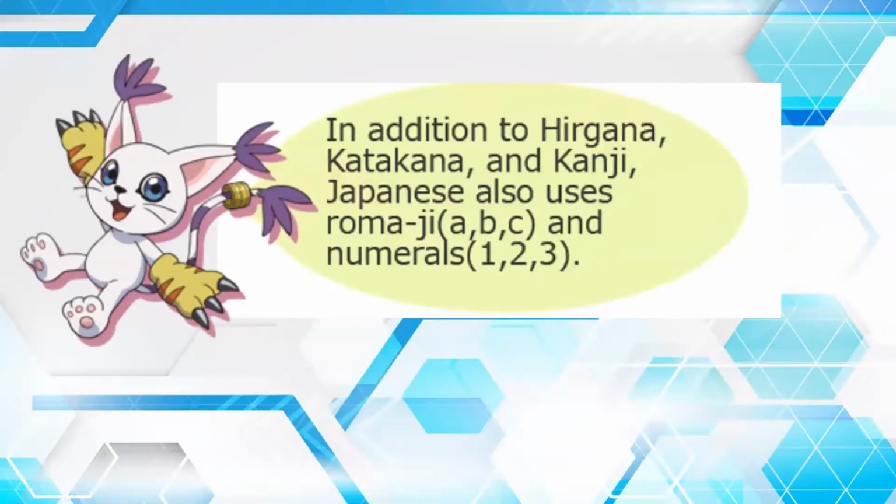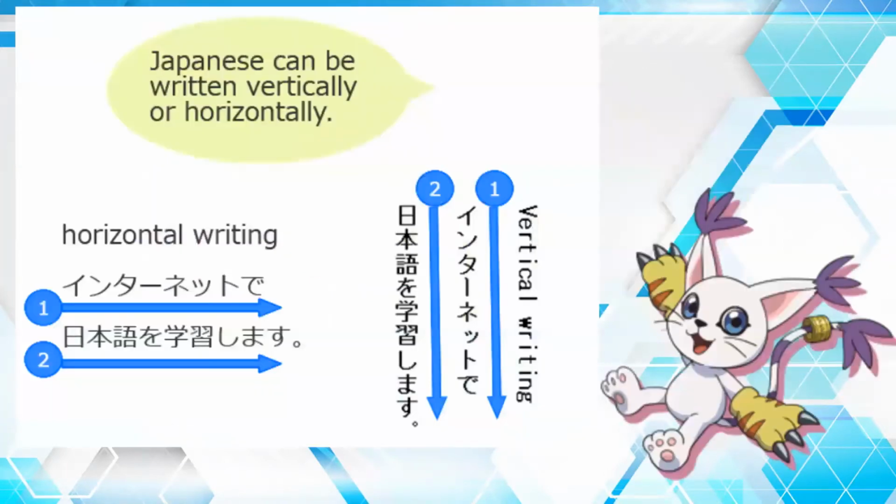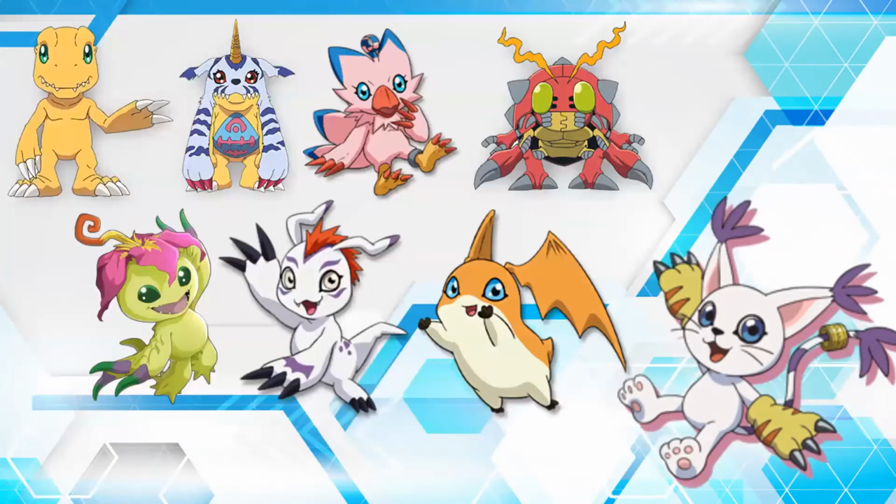In addition to hiragana, katakana and kanji, Japanese also uses romaji, the ABC, and numerals, but that should not be an excuse for us not to study hiragana. Japanese can also be written vertically or horizontally. So in this type of case, it's okay. You can use both.